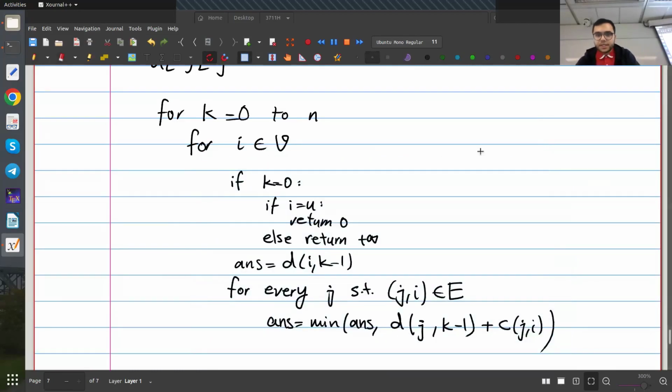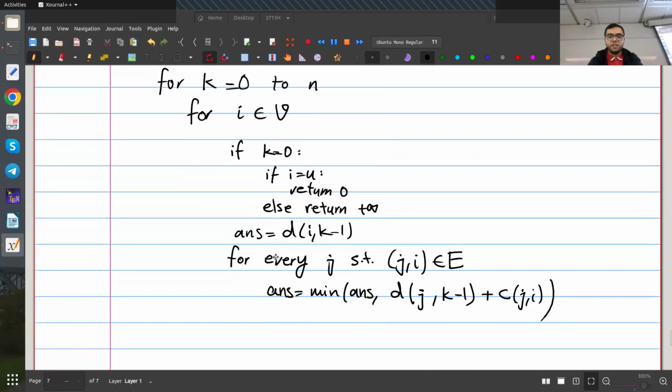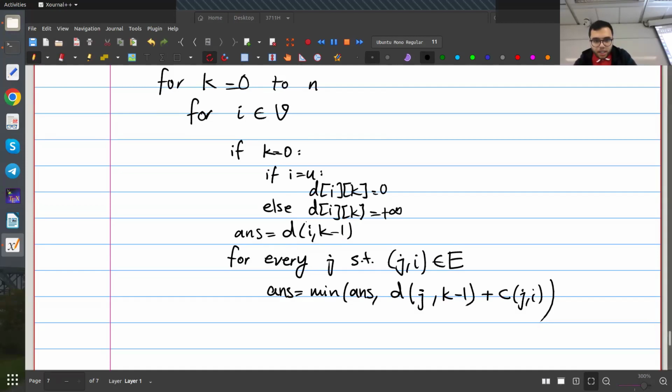And the only difference is that instead of calling things recursively, and instead of returning stuff, I'm just going to work with my array. So instead of saying return 0, I just say d of i,k is 0. Instead of saying return plus infinity, I say d of i,k is plus infinity. Here, I just have the array element, d of i,k minus 1. And here, it's also just accessing the array. Everything else is the same.